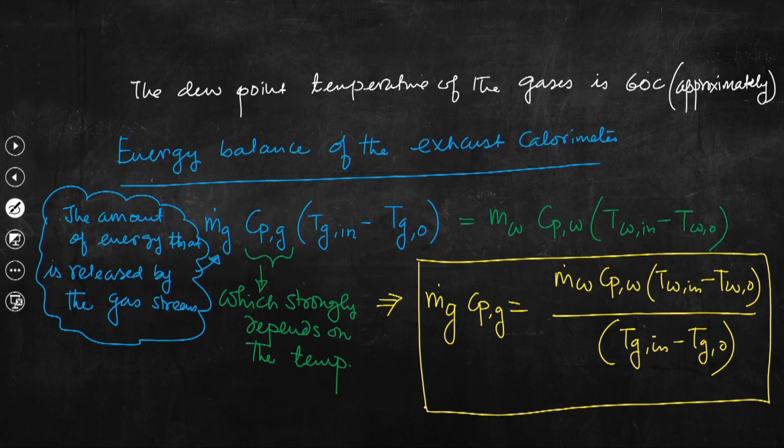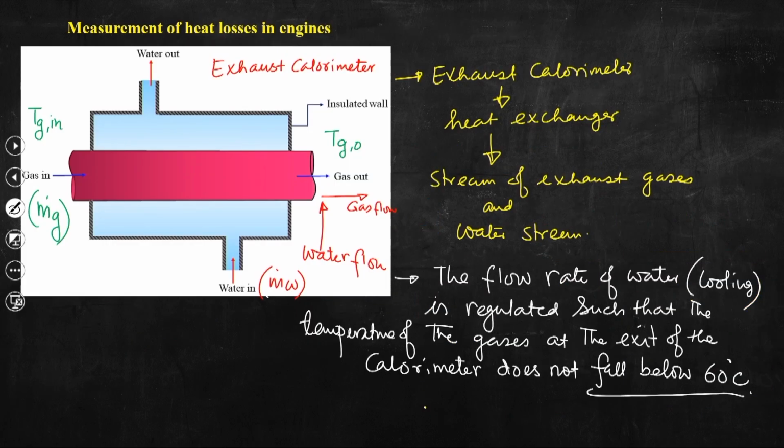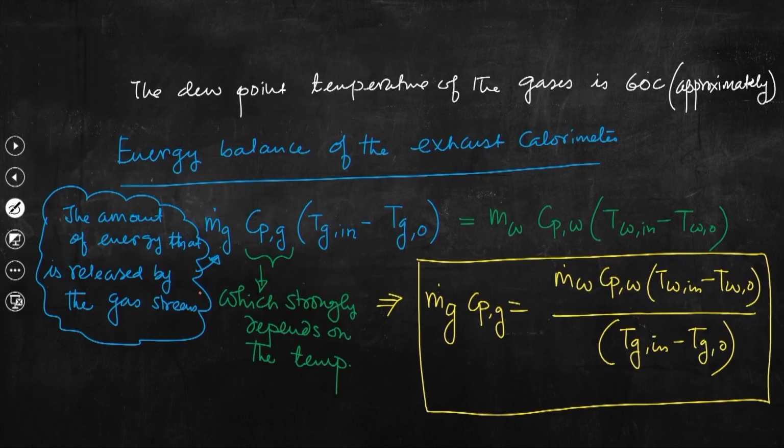So, measuring all these quantities we can have the information about m dot G multiplied with Cpg. If we go to the previous slide, we assume that the temperature of the water at the outlet is T W O, while this is T W in. So, this is the expression. Now, if we go to the next slide, the product of the mass of the gas and specific heat can be measured.